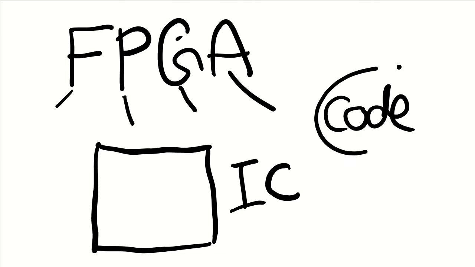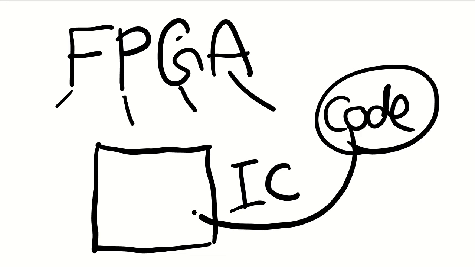The circuitry inside is decided by the code that you write. The code that you write determines what the circuitry inside the IC is. So that's FPGA in a nutshell. Okay.